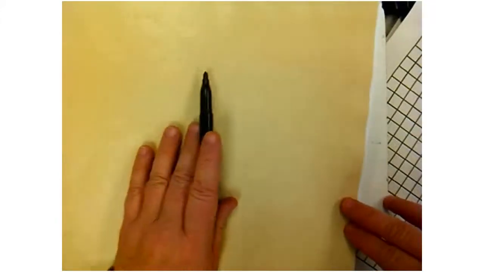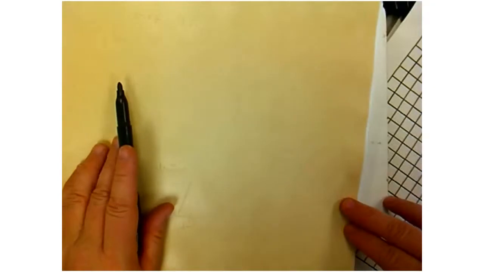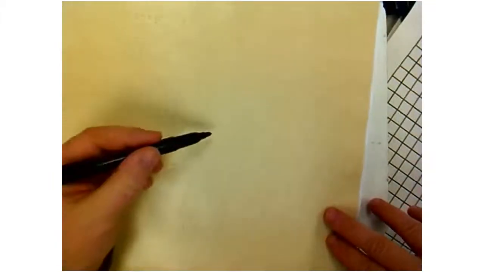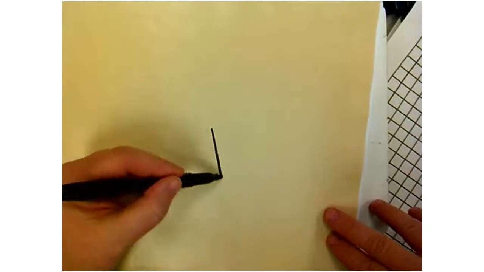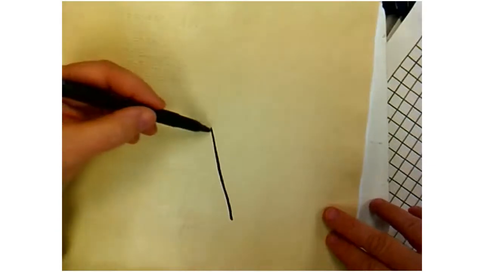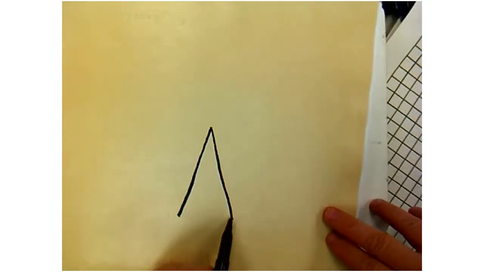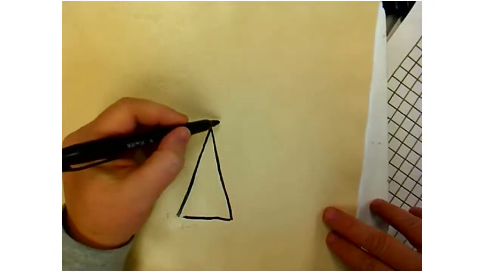Find the measure of side AB and BC of an isosceles triangle ABC, if angle A is the vertex angle. And then they have a drawing for us. They gave us in words that this is an isosceles triangle with vertex A.